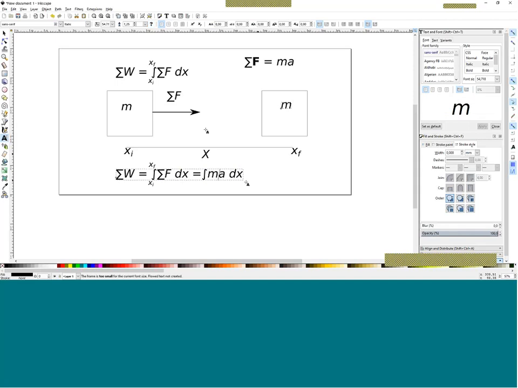Do you guys know that you can rewrite acceleration as a derivative of velocity? We want to convert this equation into distance. You guys did this, but I'm going to do it quickly so that you know.